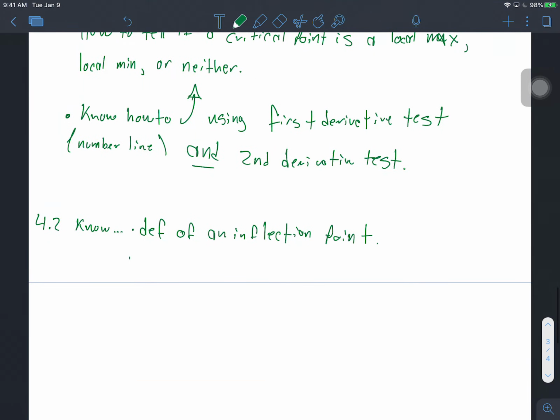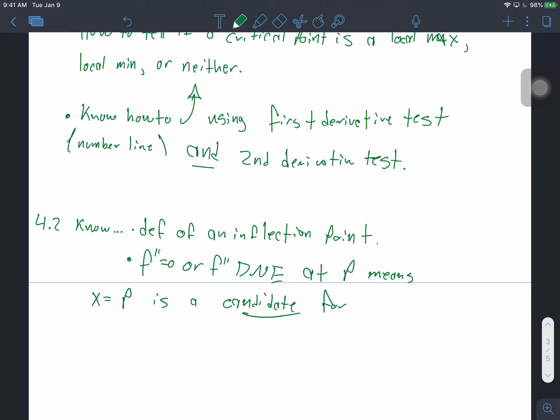You should know f double prime equals 0 or f double prime does not exist at P means P, x equals P, is a candidate for an inflection point.